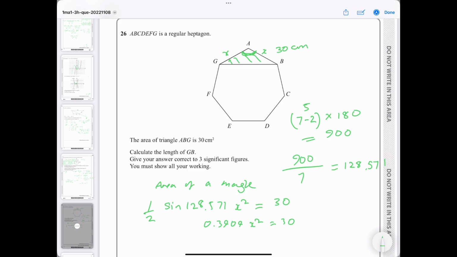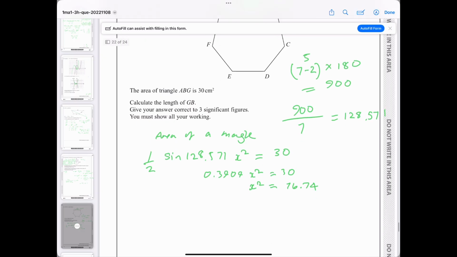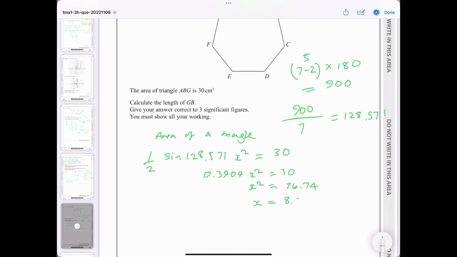Answer equals 76, so x squared equals some sort of 76.74, etc. And then if we just square root the answer, and we get 8.7. Hang on. So x equals 8.76, etc.